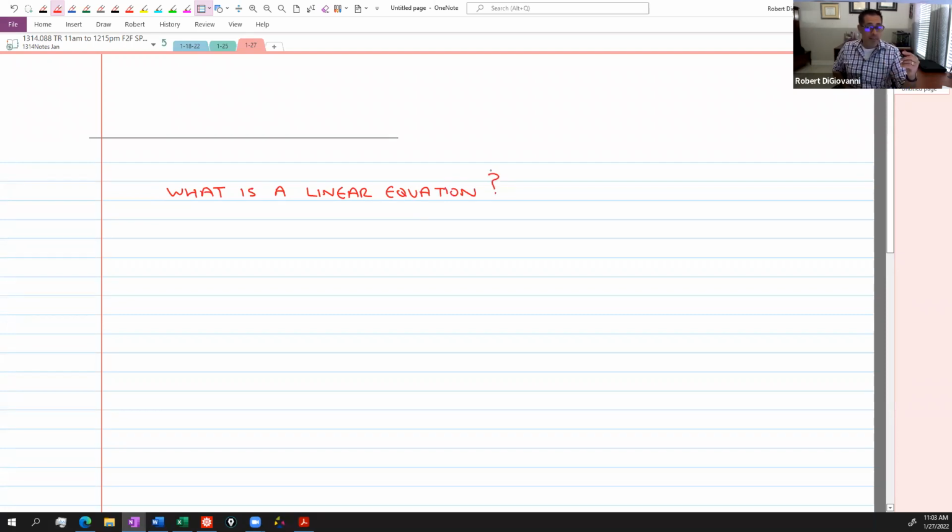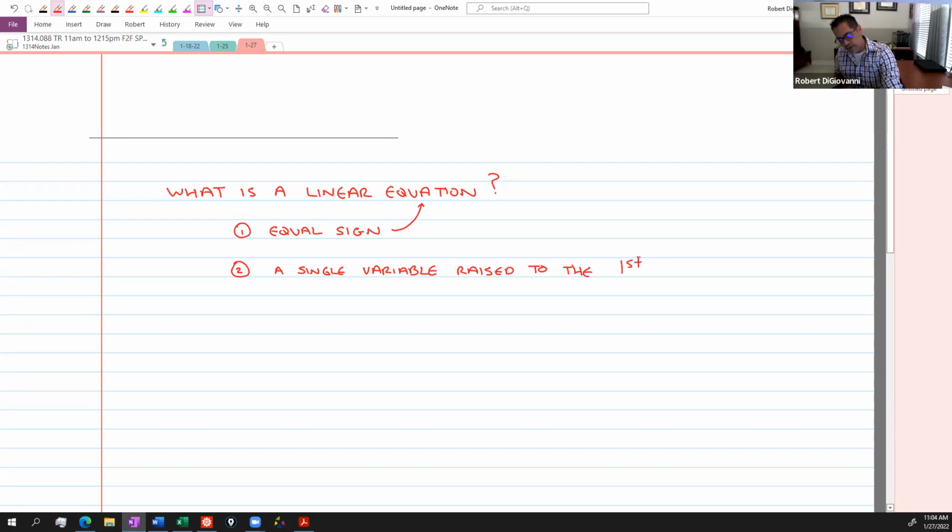Well, there's a couple of things that make a linear equation a linear equation. The first thing is that you have an equal sign. Somewhere in the problem, you see an equals in there. That's what makes it an equation. And then the second thing is that you have a single variable which is raised to the first power.